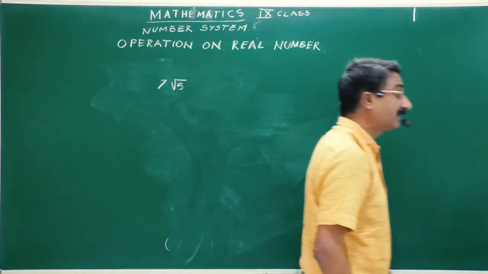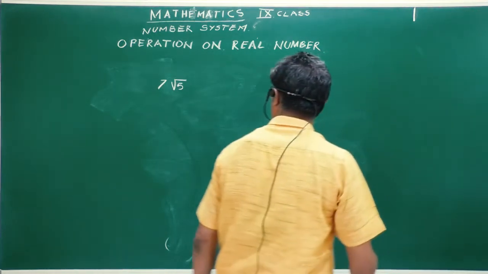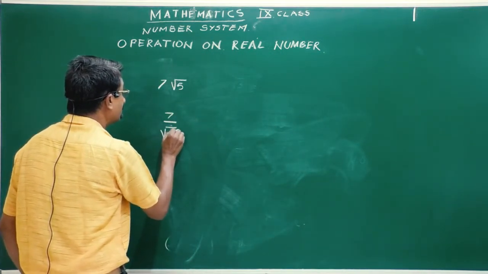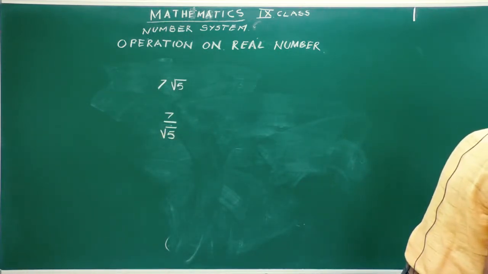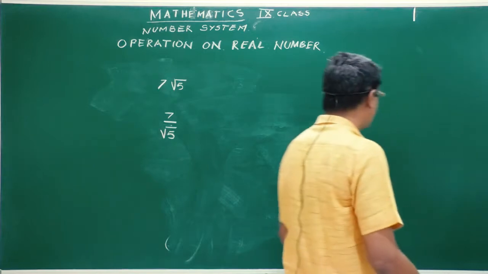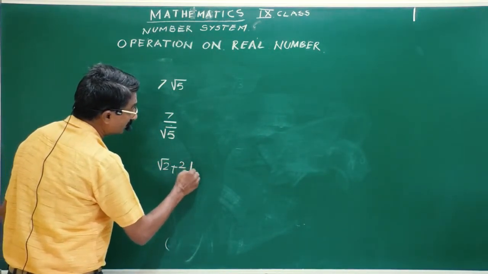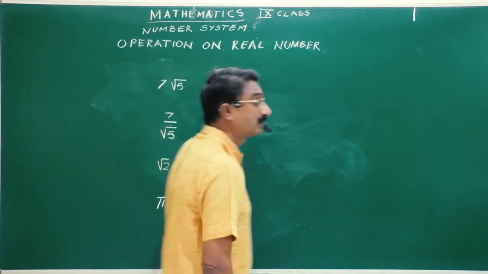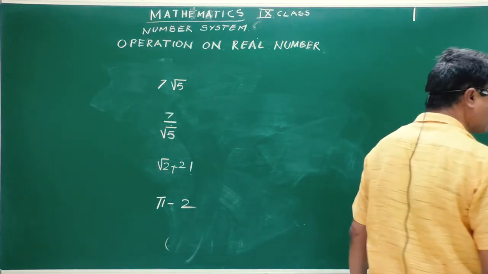Second one is 7 by root 5, that is the division. Third one is root 2 plus 21. And the fourth one is pi minus 2. Are these irrational numbers or not?